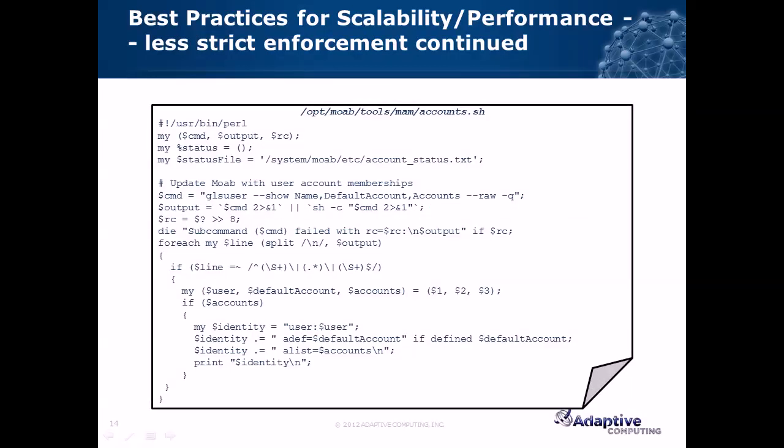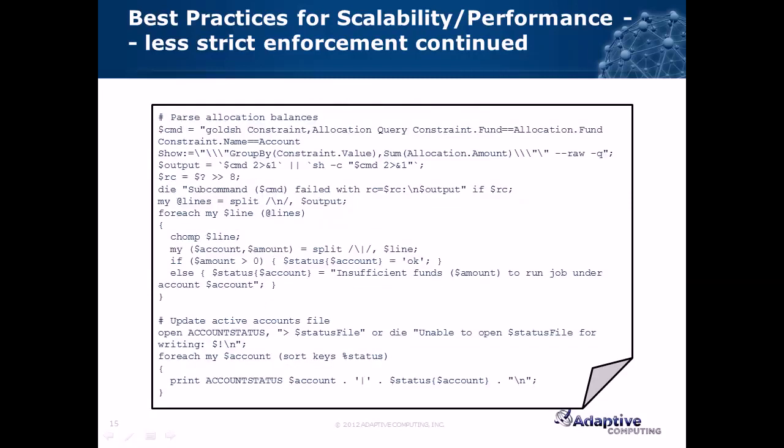So here's an example of what that identity manager would look like. Here you run the GLS user command, and then you use that to populate Moab right here with the user, what accounts they belong to, and what their default account is, or the other way around. Then it checks the balances and updates this flat file accordingly.